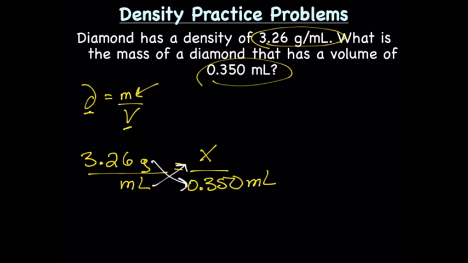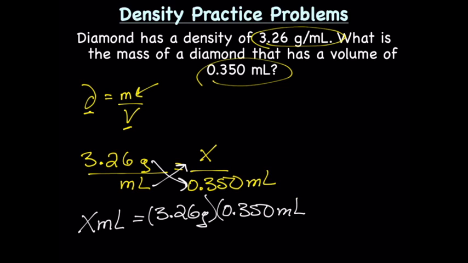So we'll end up here with X milliliters equals 3.26 grams times 0.350 milliliters, giving us X milliliters equals 1.141 grams milliliters.